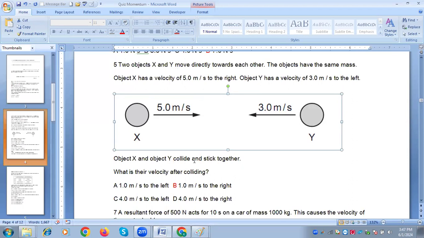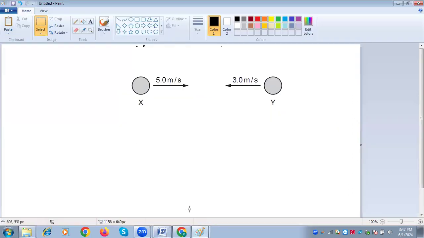Same mass, so we can take M for both of them. So this is M, no M1, M2, because masses are identical. M and M. So what is the total momentum before collision?